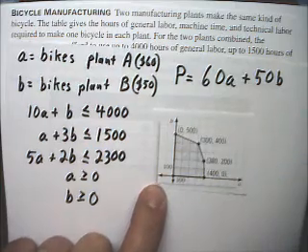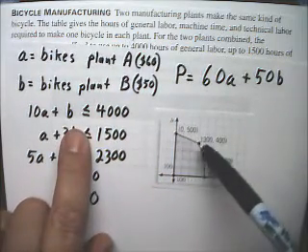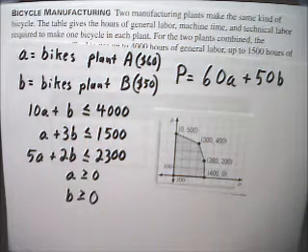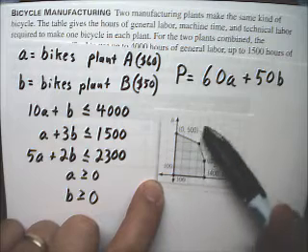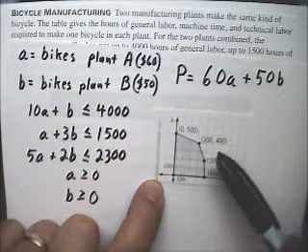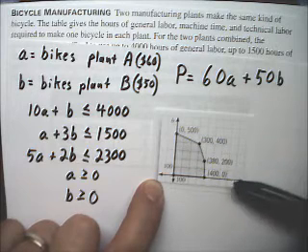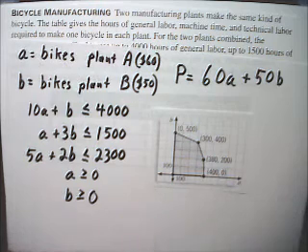Everything above this line is B greater than 0. And when I graph these lines, I come up with these boundaries. And the boundaries have these points. It's the points (0, 0), (0, 500), (300, 400), (380, 200), and (400, 0).